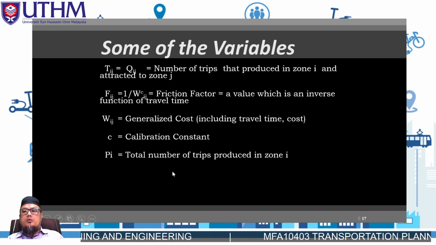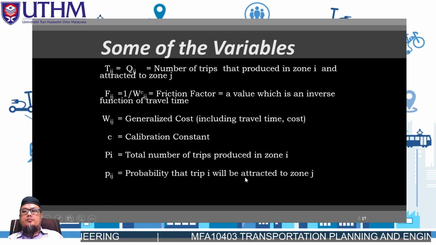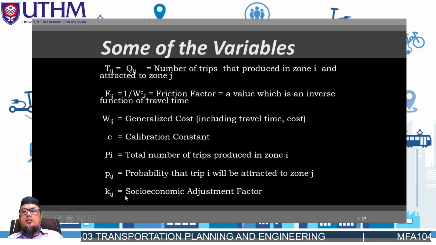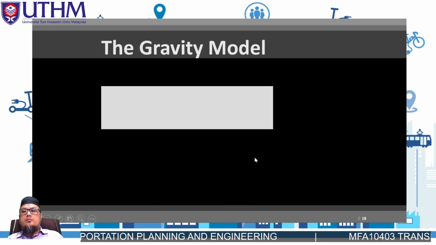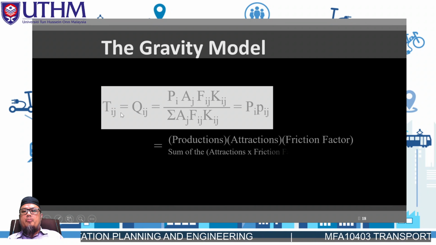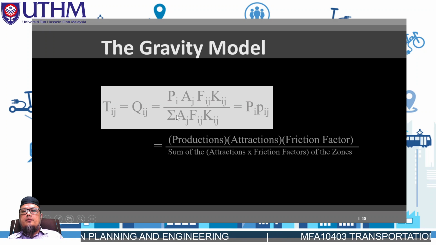Pi is the total number of trips produced in zone I, so this one is the capital P. Small p is the probability that a trip from I will be attracted to zone J. Kij is the socioeconomic adjustment factor. So these are the forms of the gravity model to be used.